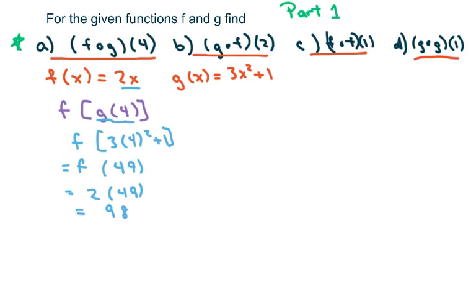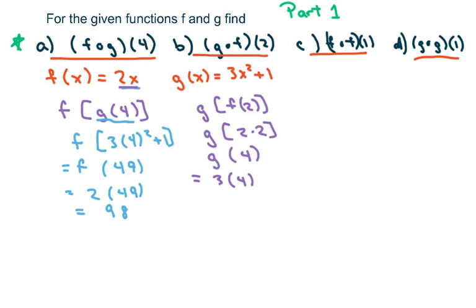Okay, the next one, we're going to do g of f of 2. So f of 2 is my inner function. So g of, and I'm going to put my inner function here, 2, and my x is going to be 2 now. And we do g of 4, and g of 4 is going to equal 3 times 4 squared plus 1, which equals 49.